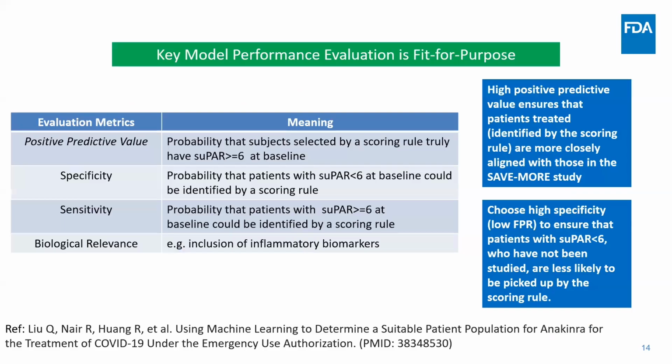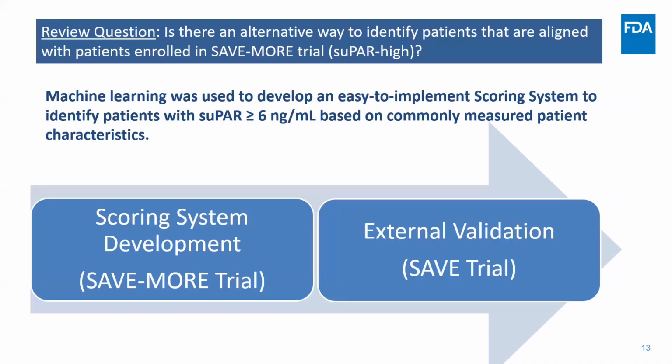By that time we had two independent studies. We used the SAVE trial, the largest study we have, to develop the scoring rule.